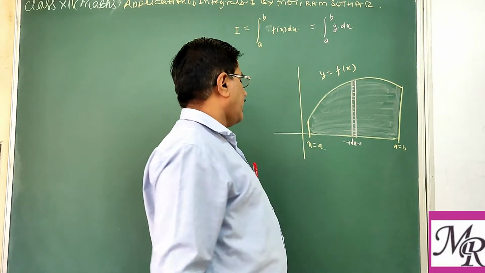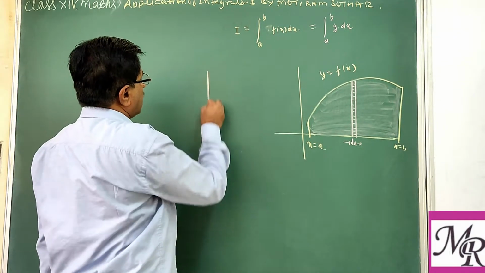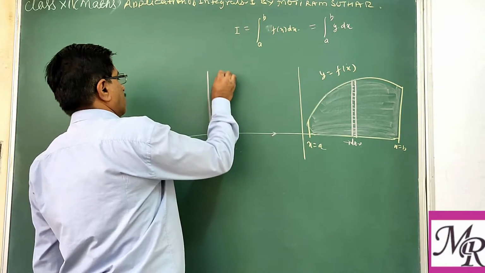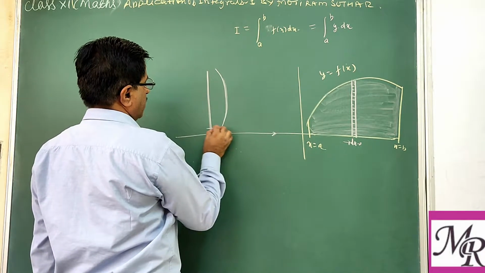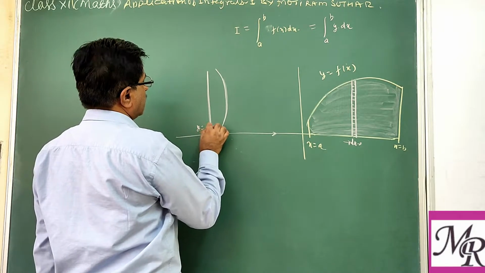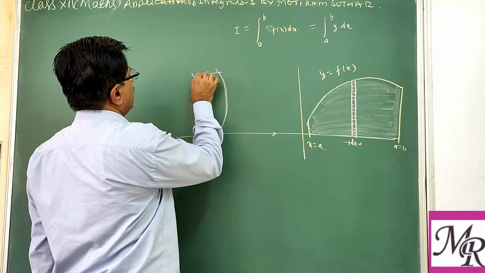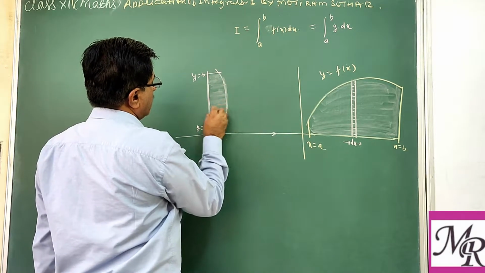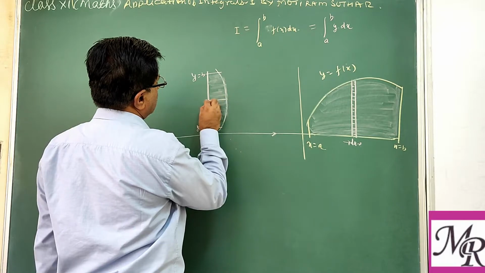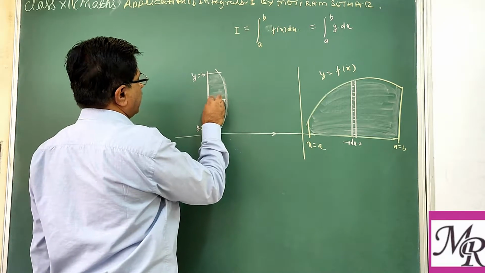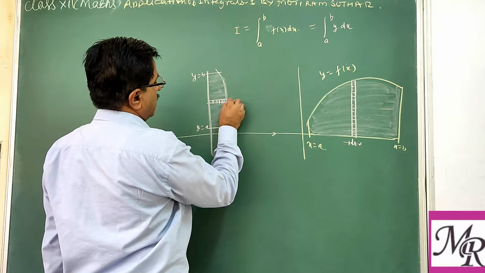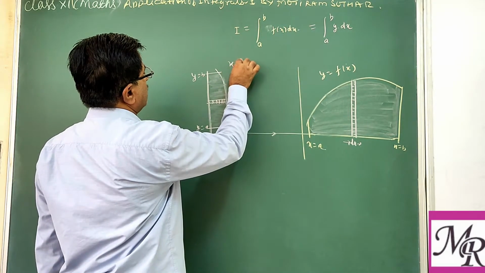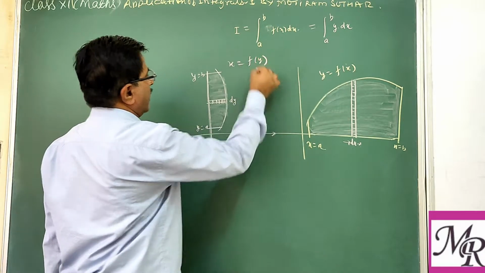Now this is on the x-axis, but when you see the curve is along the y-axis, then a curve like this will be there. Here you may take y equal to a and here we take y equal to b. Again this area we want to find, and we have a very small elementary area dy. So in this case the curve equation will be x equal to f(y).